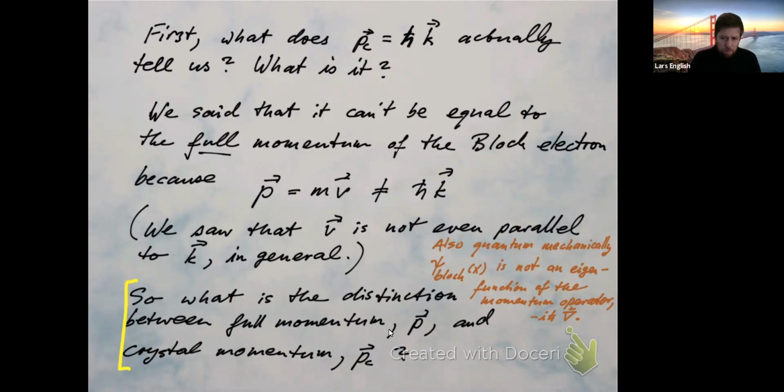So if that didn't make any sense to you now, then wait until next semester for the upper level quantum mechanics course. But in any case, we have multiple justifications for why the full momentum cannot be set equal to h bar times k when you have a crystal potential energy that the electrons feel.